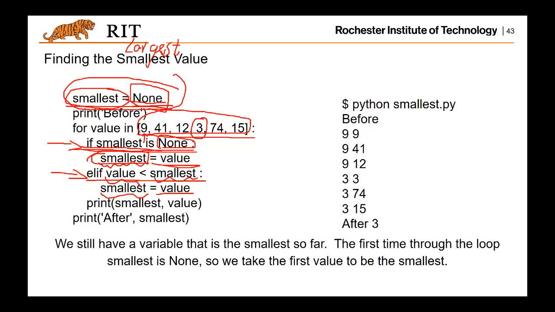And check: if it is None, then set the largest number to be the first element. Then for all the rest of the steps, just do the regular comparison. In the largest case, that is greater, right? Similar to the smallest case. That's another way to deal with such problems.